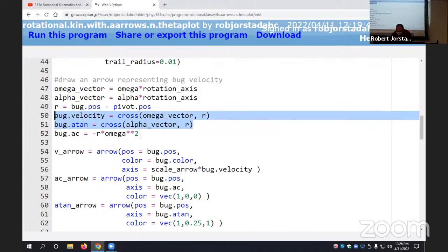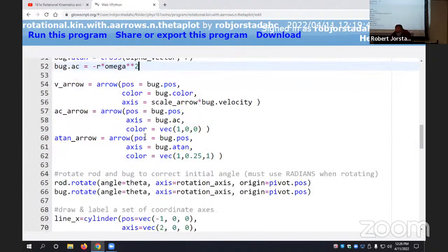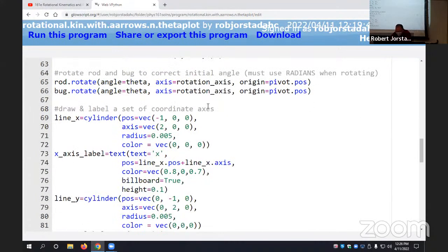I've been glossing over that, and I'm still going to gloss over that. You probably recognize that a centripetal is r omega squared. When we're doing these rotation codes, you have to be really careful about vectors versus scalars. In particular, this one looks like it's going to be a vector, but AC right here is a scalar. Anyways, more on that down here as we go.